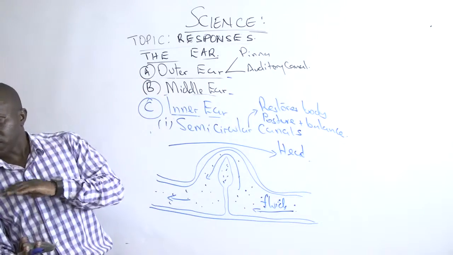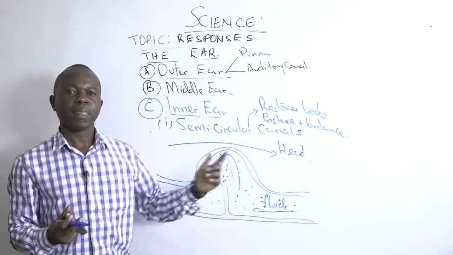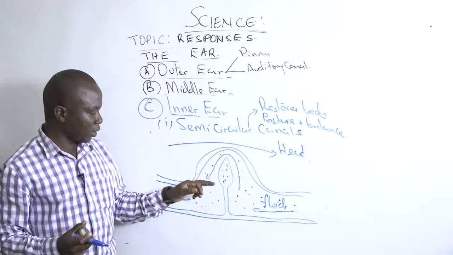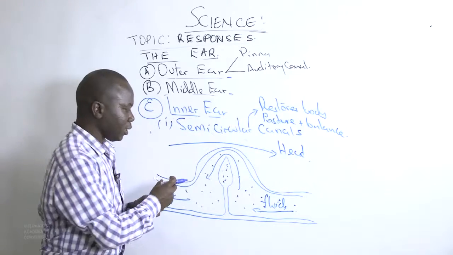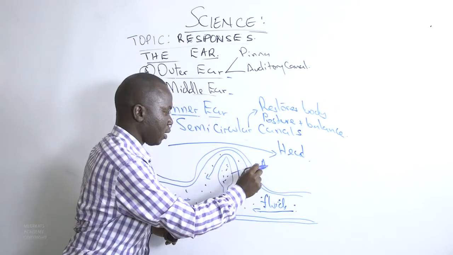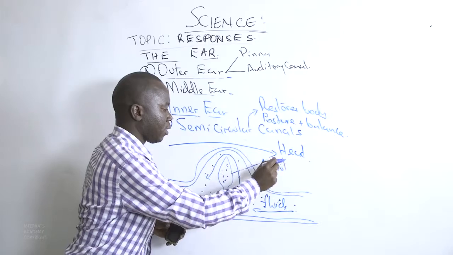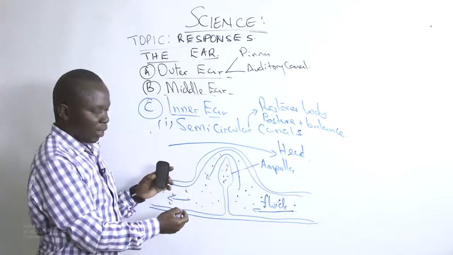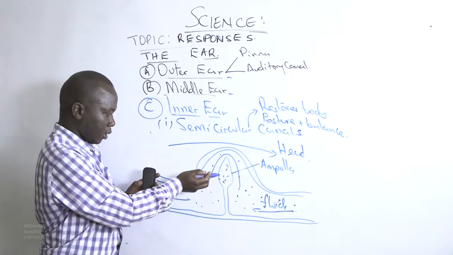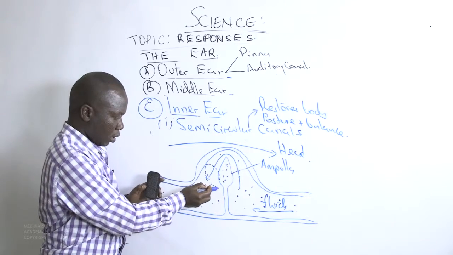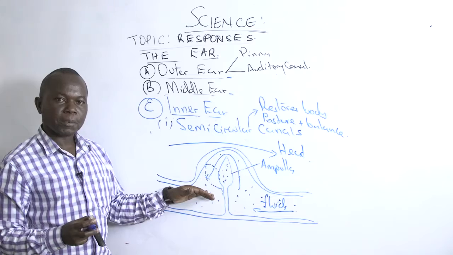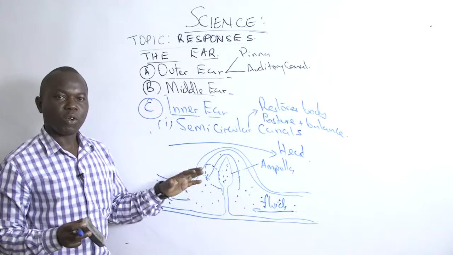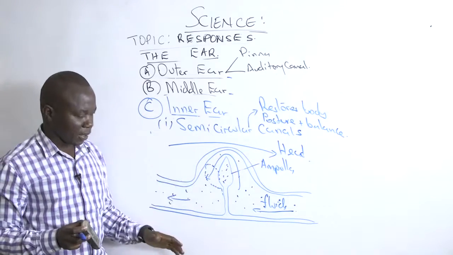In the process, it disturbs this ampulla. It is going to go over the ampulla, and the ampulla will be displaced in that direction. When the ampulla is displaced, there will be generation of a nerve impulse.